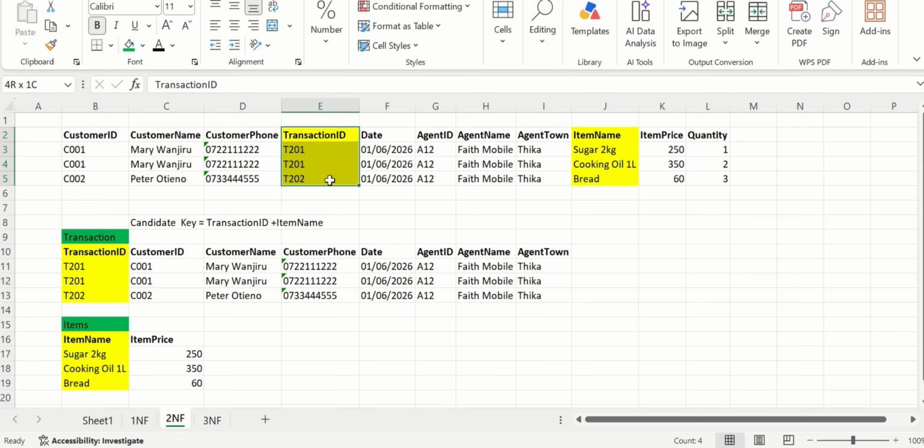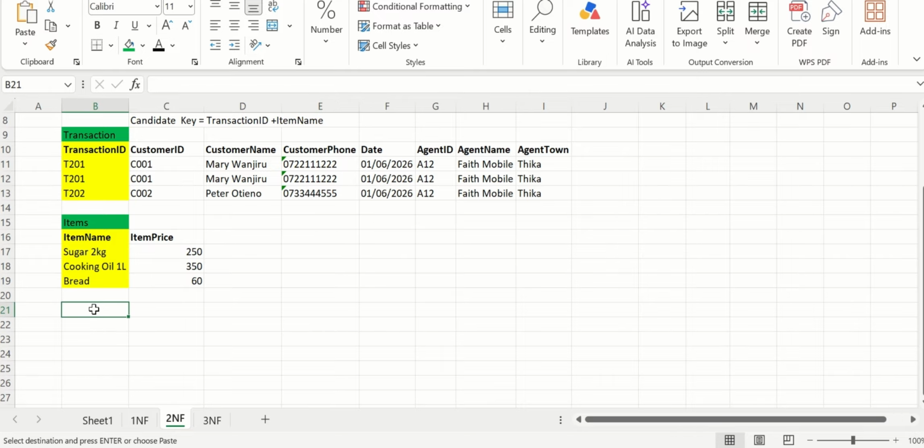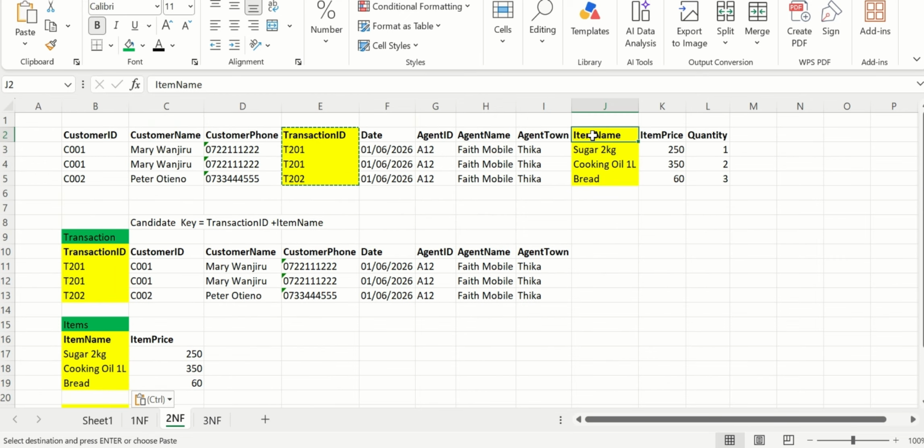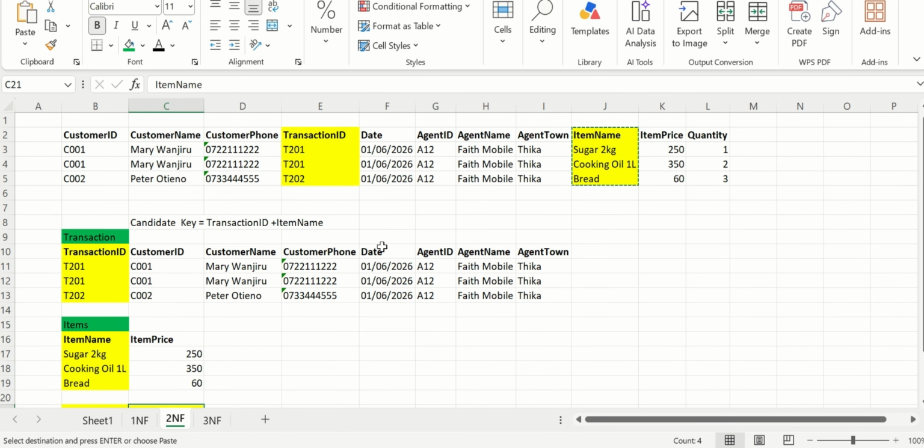So that means we shall copy this here, and this here, and the quantity.